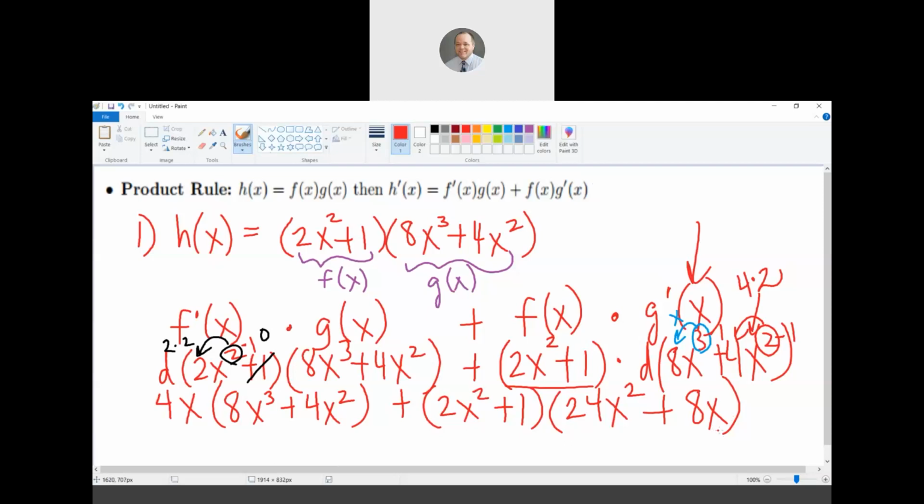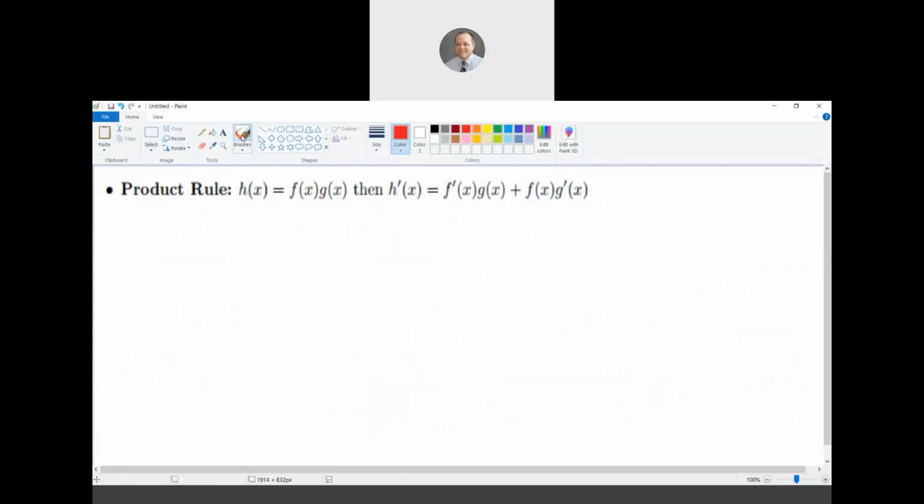Let's look at another function that involves a product. We have h of x equal to negative 3x times, in parentheses, 11x squared plus 5x minus 9.